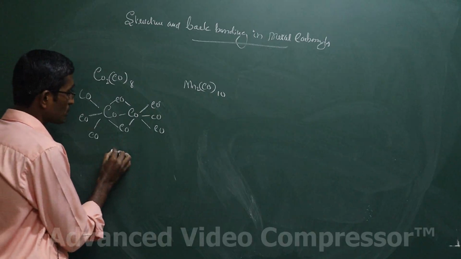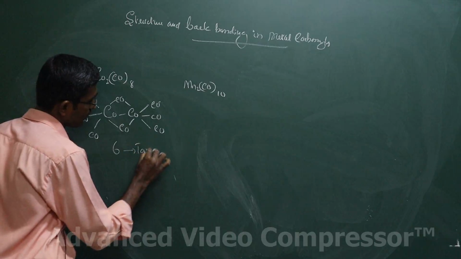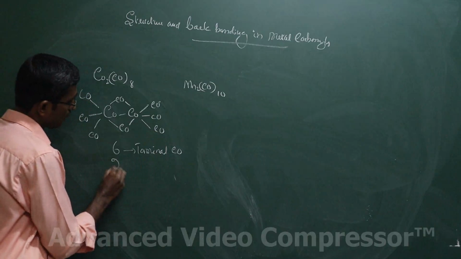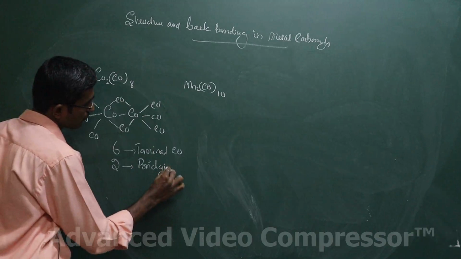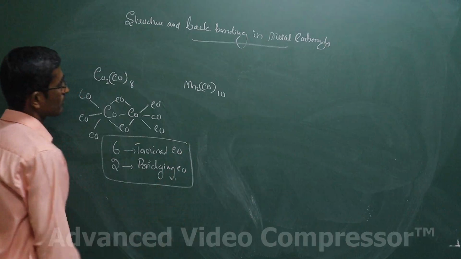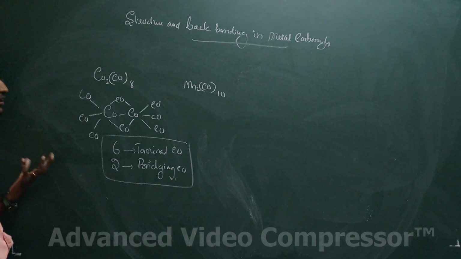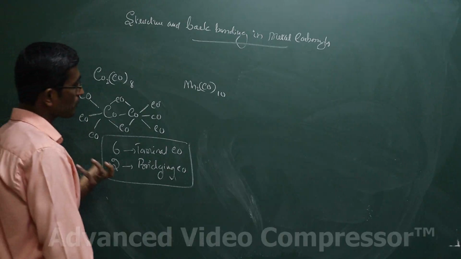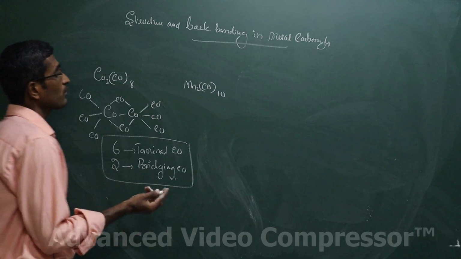In other words, a total of 6 terminal CO and 2 bridging CO. I'll repeat, important, students, just remember Co2(CO)8 could be asked. How many terminal COs are there? How many bridging COs? We have 6 terminal CO and 2 bridging CO in Co2(CO)8.